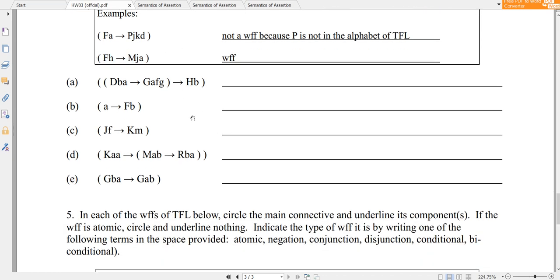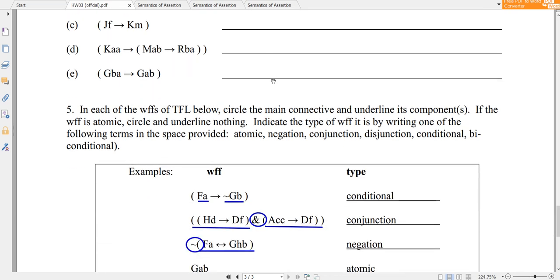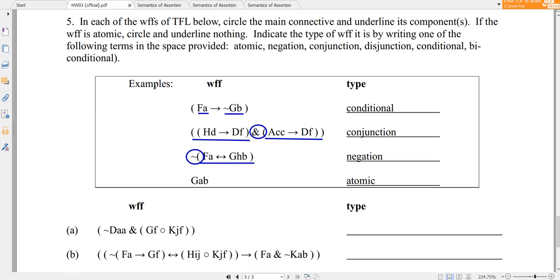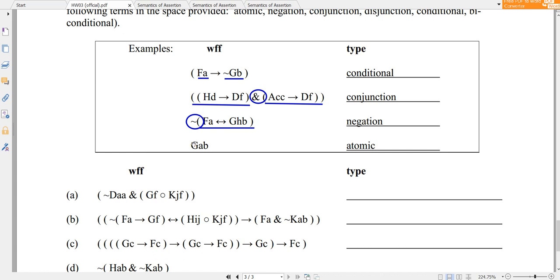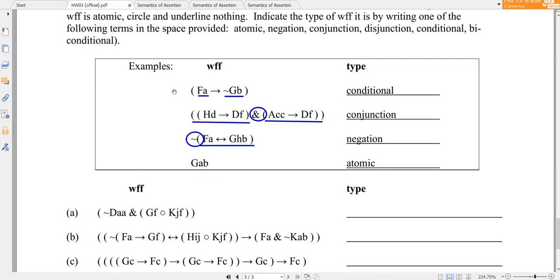So looking at this, you just have to determine whether or not things are obeying the rules, and you should pay attention to certainly the alphabet issues. Now here, you just have to be able to identify what the main connective is in these well-formed formulas. All these are well-formed, by the way, so you don't need to worry about that.